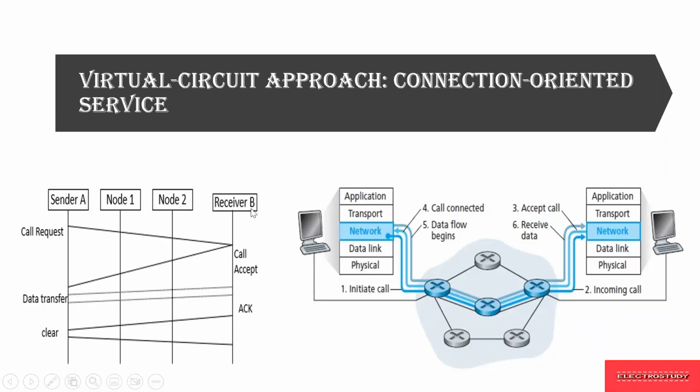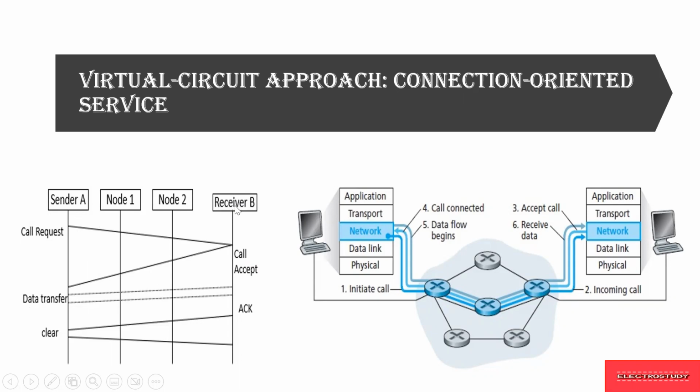There is a graph that represents this circuit. Step 1: sender A establishes a call request connection to connect to the receiver. After sending the call request, the next step is that receiver B sends a call accept.